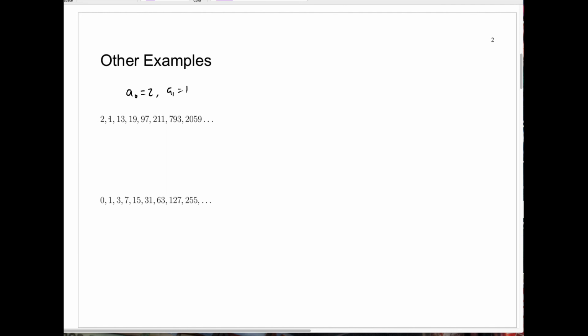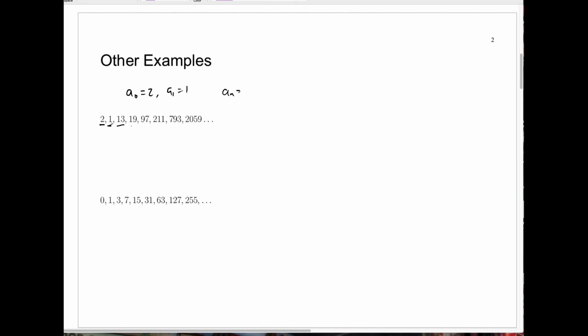So let's say I just tell you we start with the 2 and a 1. And then after that, here's the rule that I used. Each time you take the previous term, which is 1, plus 6 times the term before that, the 1 plus 6 times 2, and you get 13. To get the next term, you take the 13 and add 6 times the 1, you get 19.